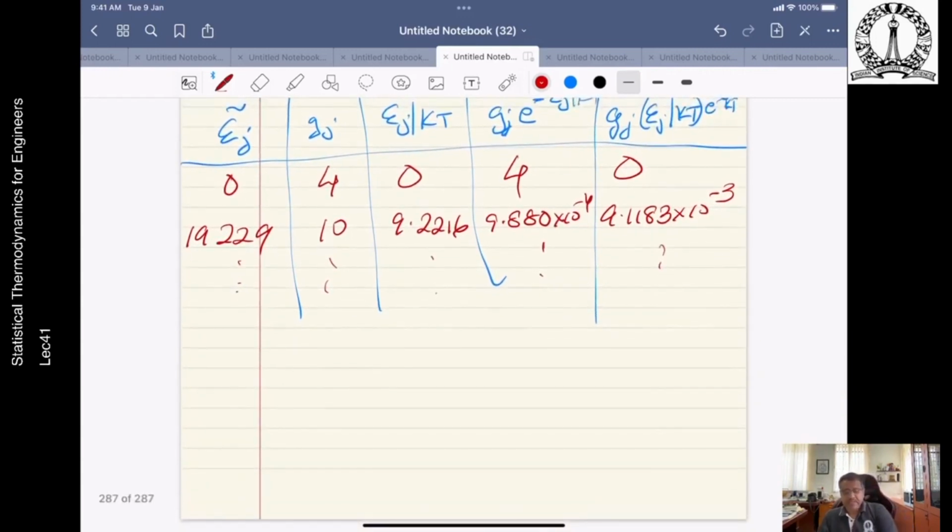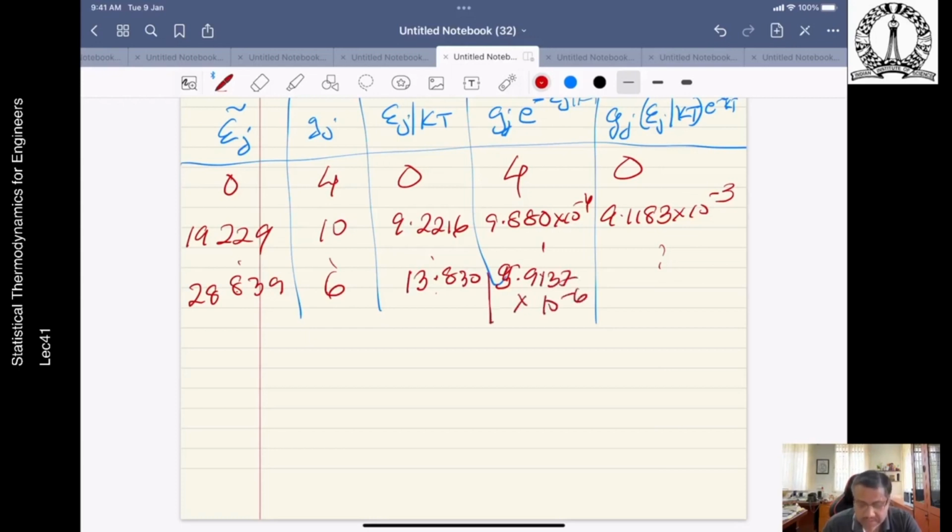If we consider the first three electronic energy levels of nitrogen, also given in appendix J.1, the energy corresponding to the fourth is very high. For a temperature of about 3000 Kelvin, it doesn't really matter. For your convenience, I'll write this also: 830, 5.9137 into 10 to the power of minus 6, and 8.1787 into 10 to the power of minus 5.